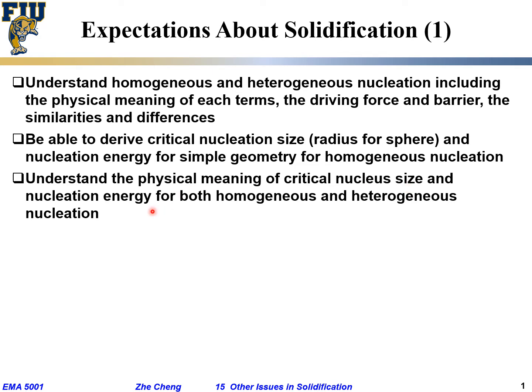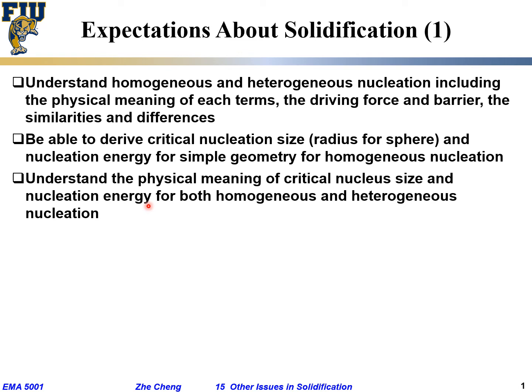The nucleation barrier is the energy barrier that must be overcome for the nucleation process to happen. The higher the barrier, the lower the probability, and you have to wait longer for a certain part to become a solid nucleus. The lower the barrier, the higher the probability the nucleation process happens.